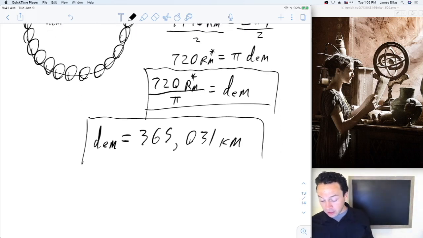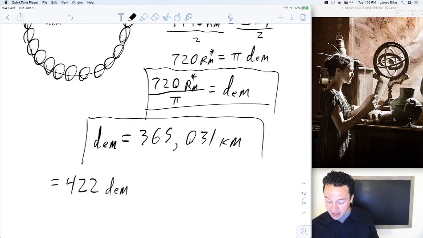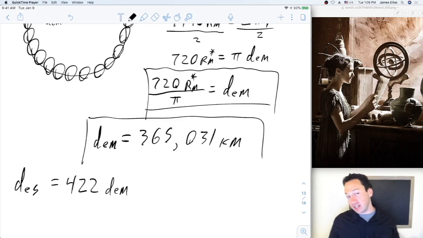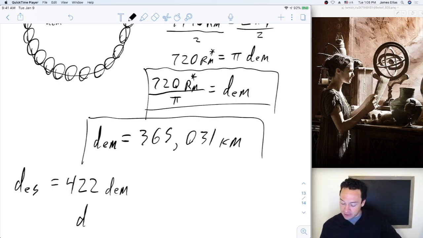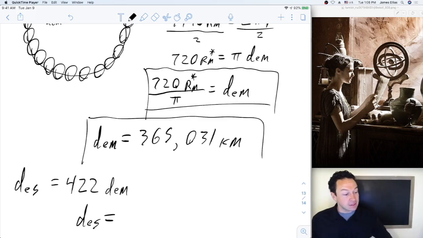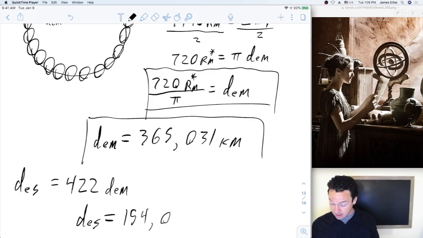And as usual, thanks to Aristarchus's earlier discovery, we know that the distance between the Earth and the Sun is 422 times the distance between the Earth and the Moon, and so the distance from the Earth to the Sun is a gimme. It's just 422 times this number. So let's write that number. Well, 154 million kilometers away.